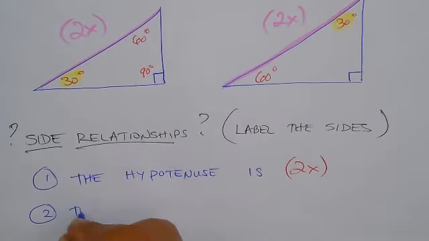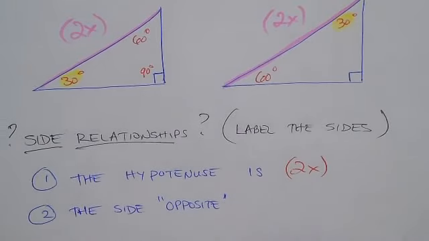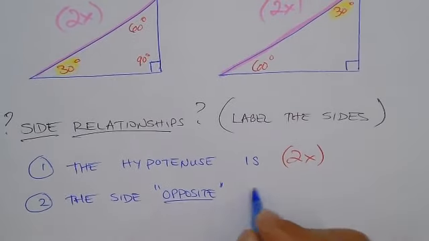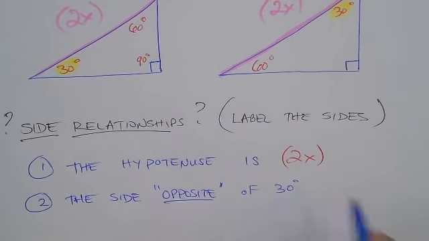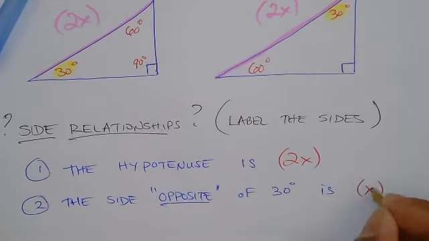The one you label next is this side. The side opposite of the 30 degree angle is x.